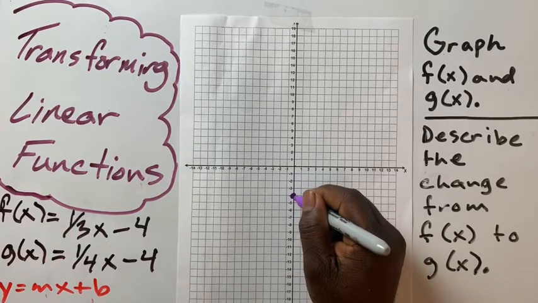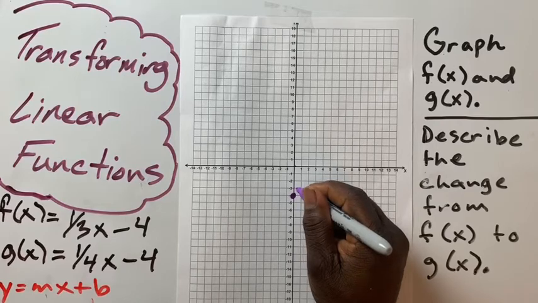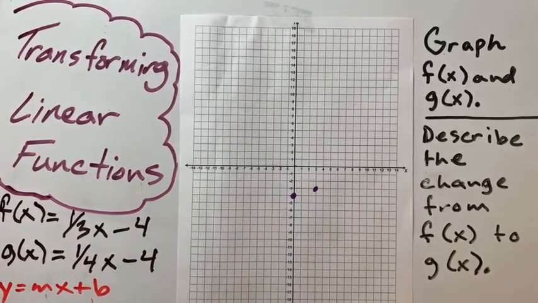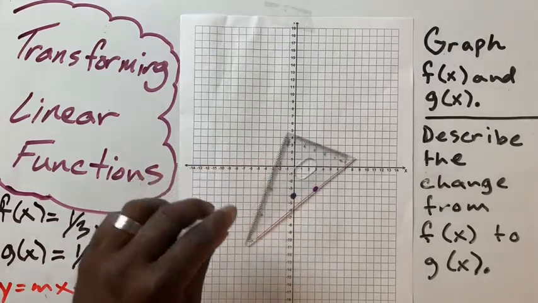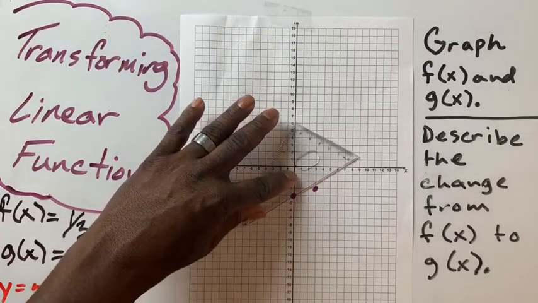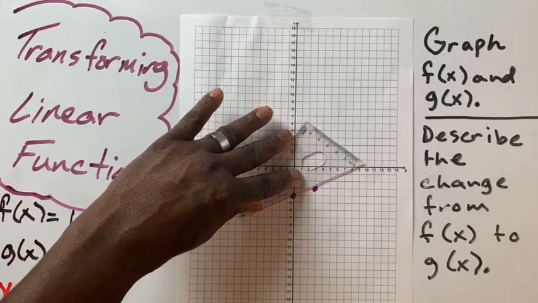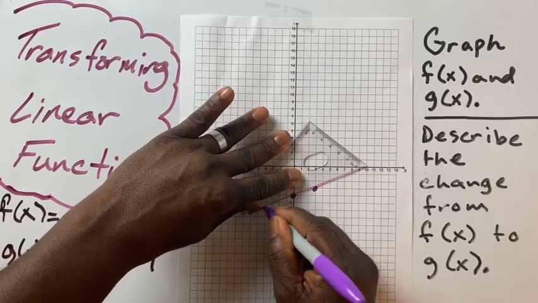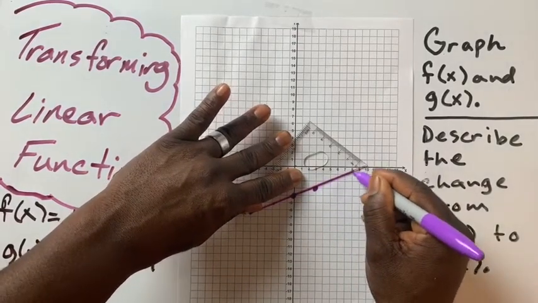Start from here, rise +1, and then run +3. 1, 2, 3. And that is how we plot our 2 points. Now we are ready to go ahead and draw the line. So let's lay that down there like so and get our line drawn through the 2 points.